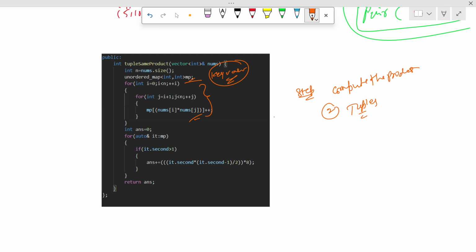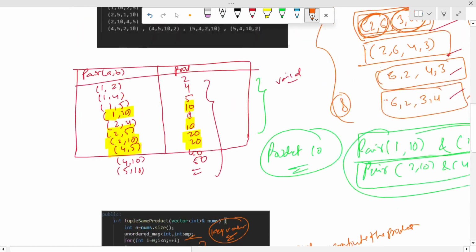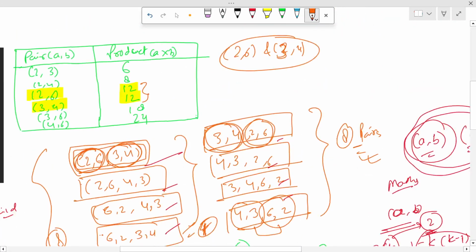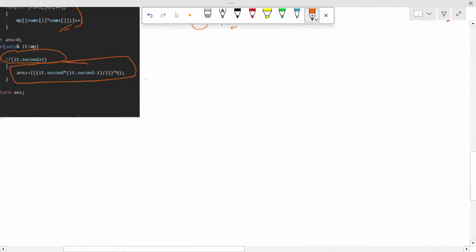After this, if a product appears more than once, then we have to apply this formula. Like here we get 2 times: first we get it here, and again we check whether the product 12 is present again in the product section, then we iterate this formula.